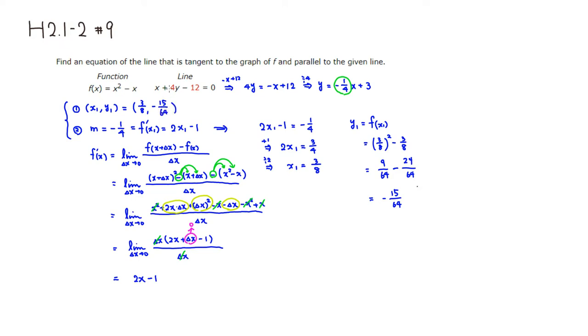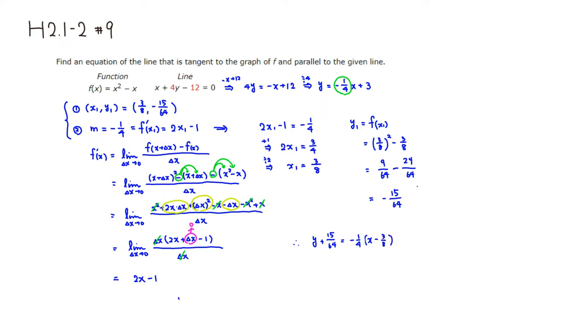So the equation of the line is going to be y minus y1, so it's y plus 15 over 64, is equal to negative 1/4 times the quantity x minus x1, which is 3 over 8.